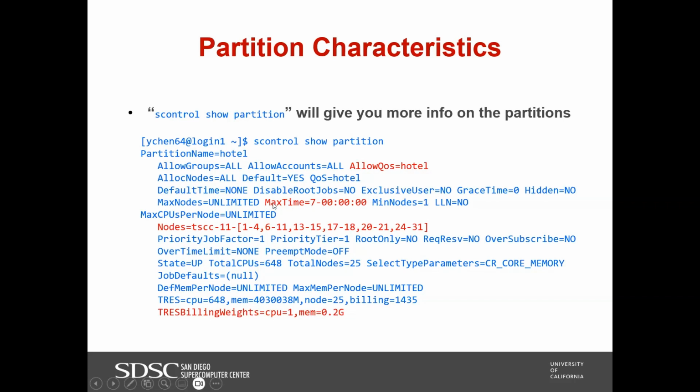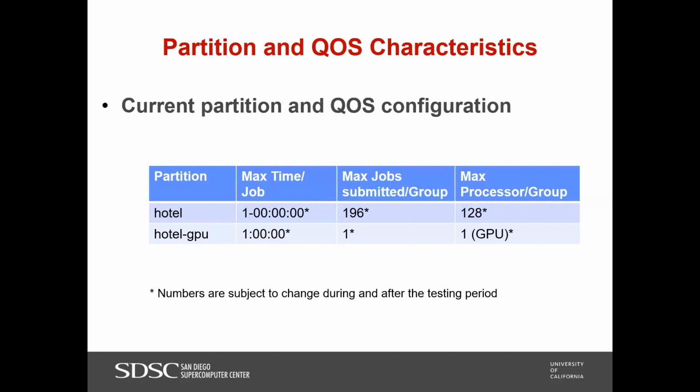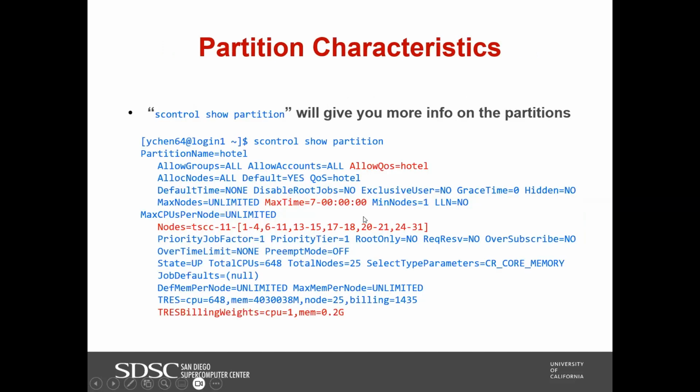And I also highlighted the maximum time in red, which is 7 days in this hotel partition. But why did I list one day? This actually is 1-00:00:00. This is a 1 day maximum time, because the maximum time is also restricted by the QoS.